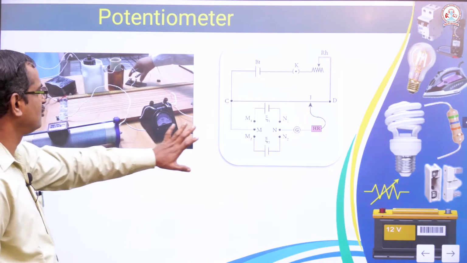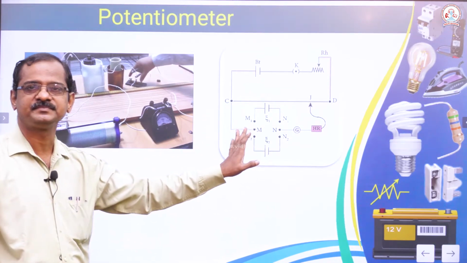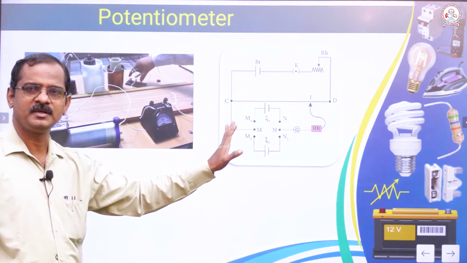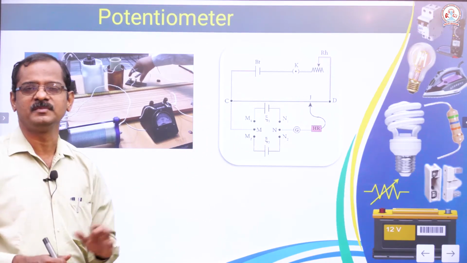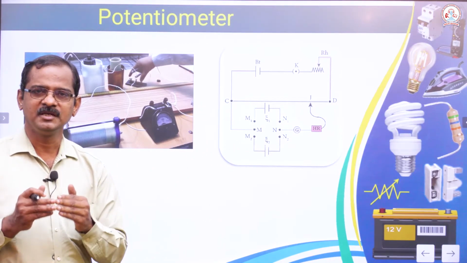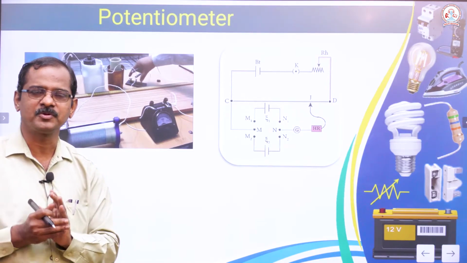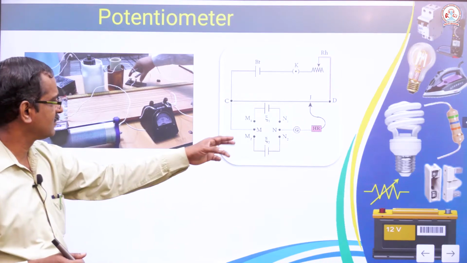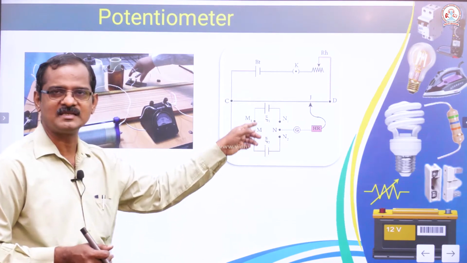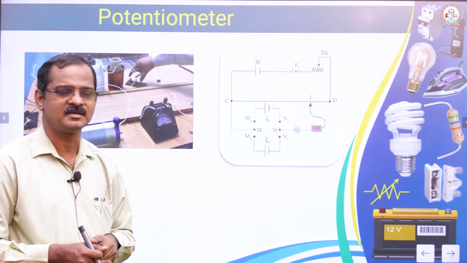This is a circuit for a potentiometer. The working principle of the potentiometer is that EMF is directly proportional to balancing length. We are using two different cells here, maybe a Leclanche cell or a Daniell cell, isn't it?